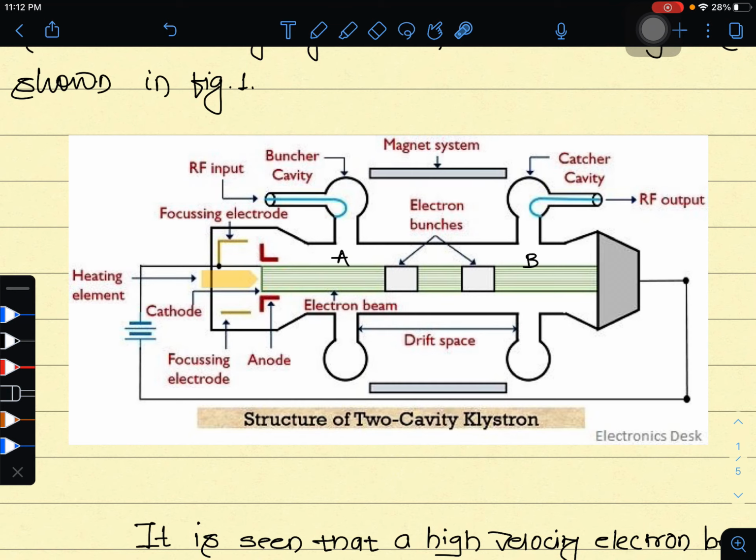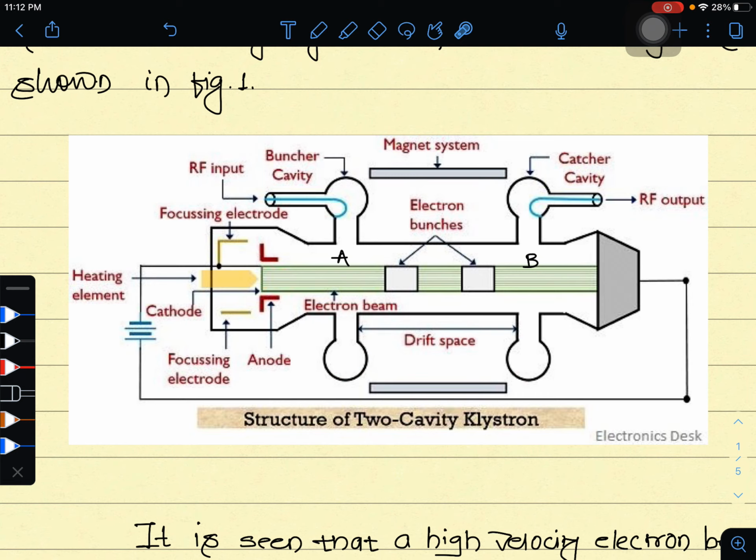And we see in the diagram that a magnetic focusing system is used, with the help of these magnets.